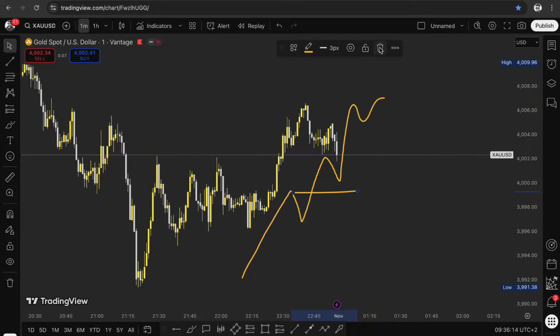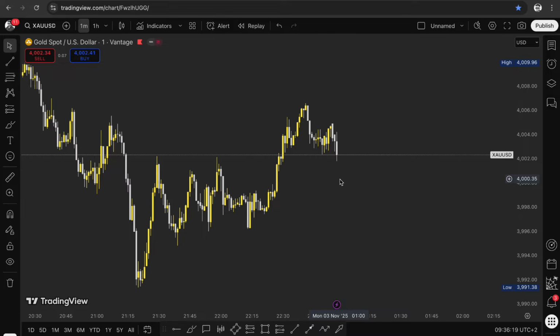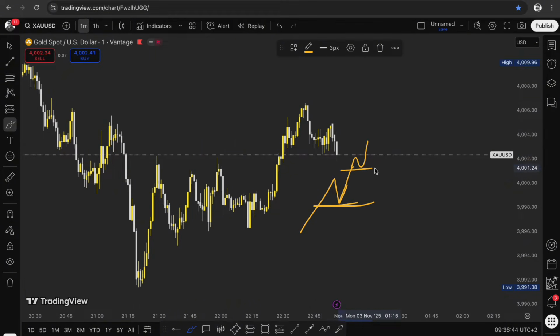Don't complicate things. And let me tell you the benefit of opening one position. Let's say for instance the market goes up, retests, and then you buy here, and the market goes into profit. When it's only one position and the market comes down and gives you a retest, you can move your stop loss above and you're still gonna be in profit.